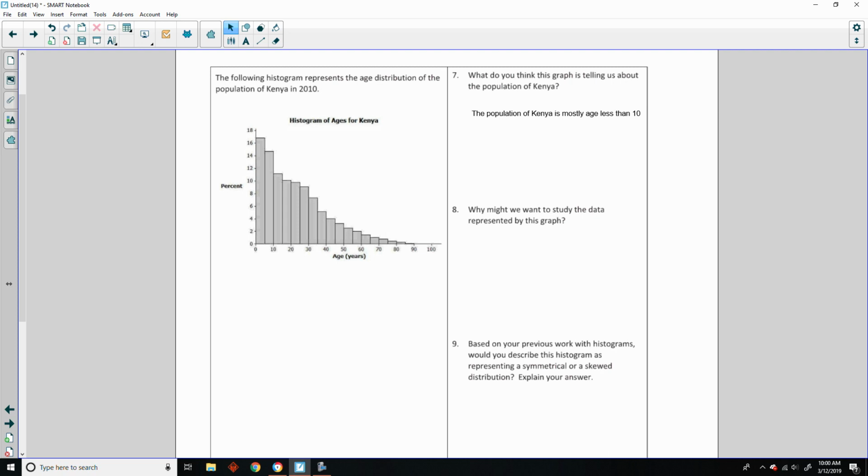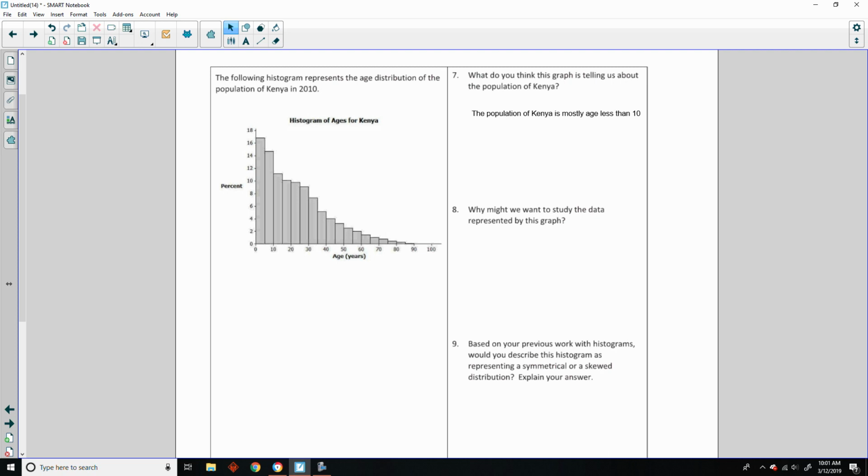Why might we want to study the data represented by this graph? Okay, so the reason for this data being helpful in this situation would be life expectancy.